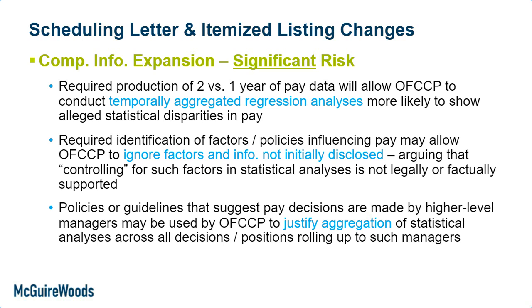And really importantly, if your policy documents discuss the decision-making process around pay decisions, then that is highly relevant to how you should aggregate the statistics, because the Supreme Court said in Dukes versus Walmart that statistical aggregation in a pay analysis is relevant and reliable only when it's aggregated around a common pay decision maker or around a common pay practice that's allegedly challenged as causing a disparate impact. So from a risk perspective, the key aspect of your policy documents is how any of this relates to the structure of the statistical analytics that OFCCP would run and that we would want to run in defending the audit.